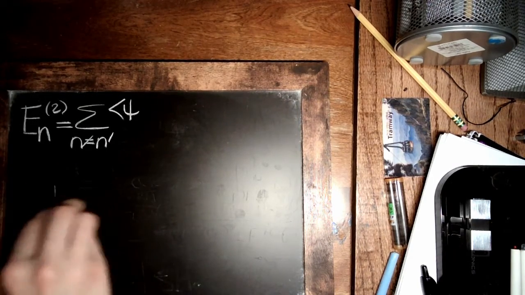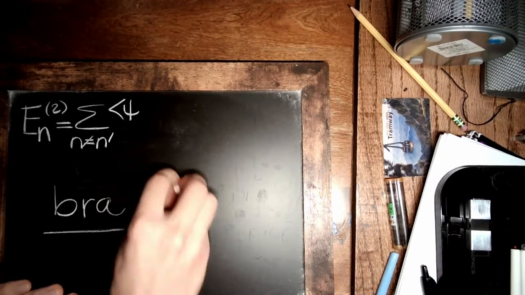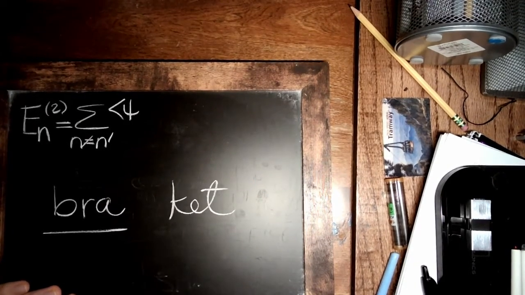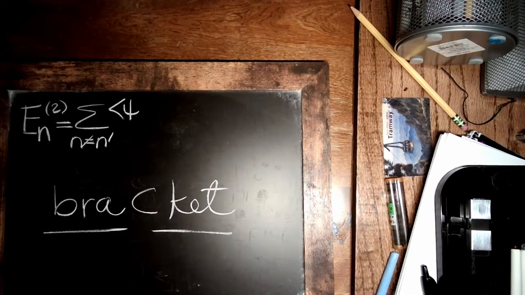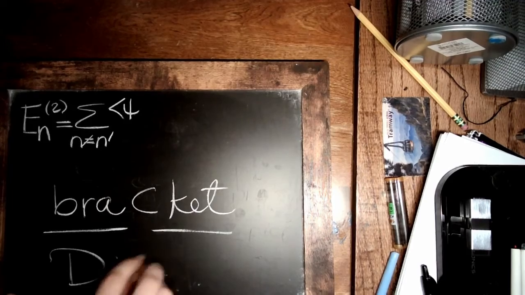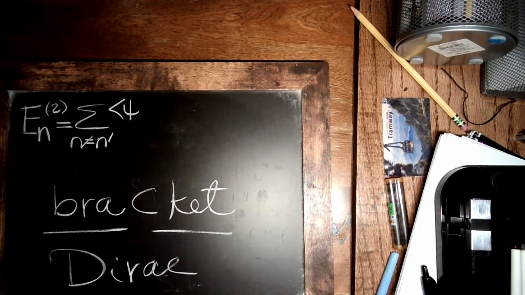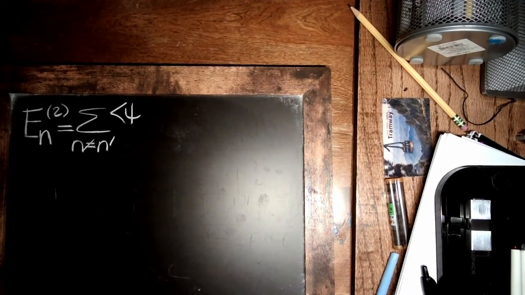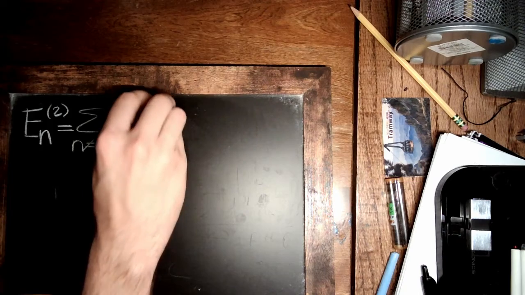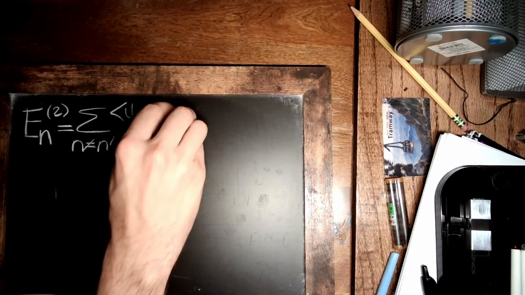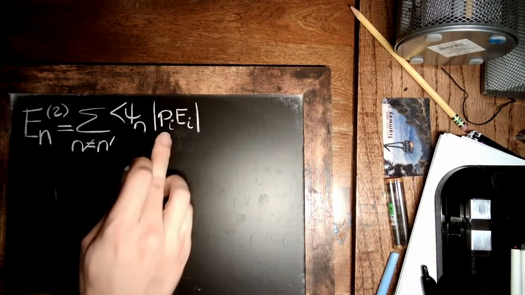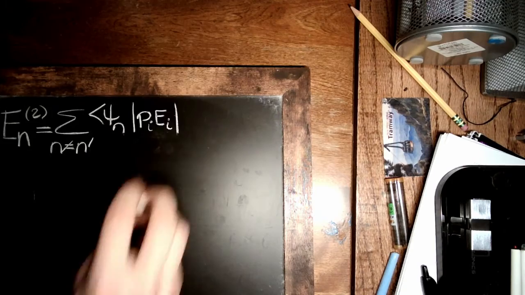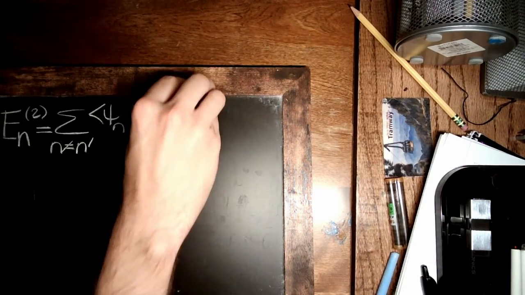And if you didn't figure out where that word's coming from, bra-ket, and the thing in the middle that gets sandwiched is just a c. That's bra-ket notation. Mr. Dirac thought that was quite a fun way to phrase that. But anyways, you take the psi for a particular n, you sandwich in p_i E_i, which is just the energy we were talking about, for the correction, n prime.